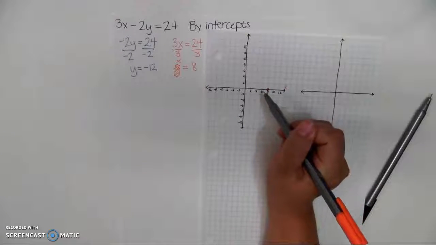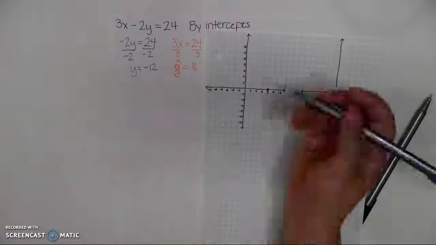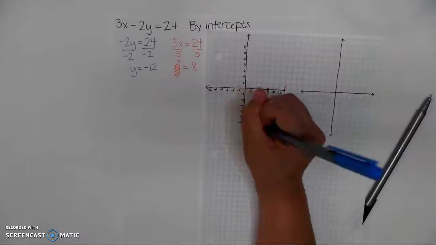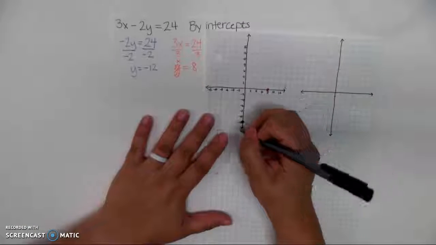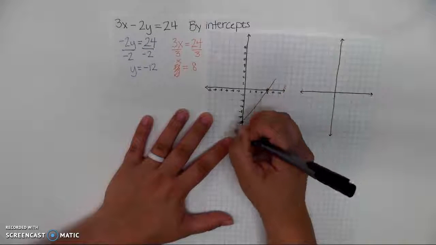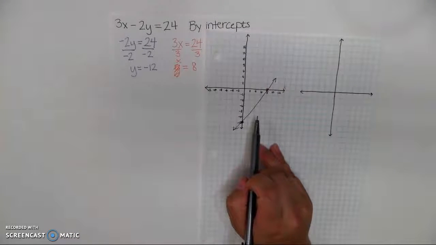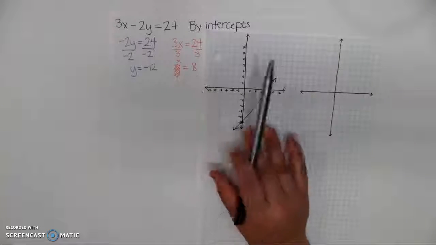So on the x-axis, I'm putting a dot on 8. On the y-axis, I'm putting a dot on negative 12. And then my line is going to cross through both of these points. So there is my graph of 3x minus 2y equals 24.